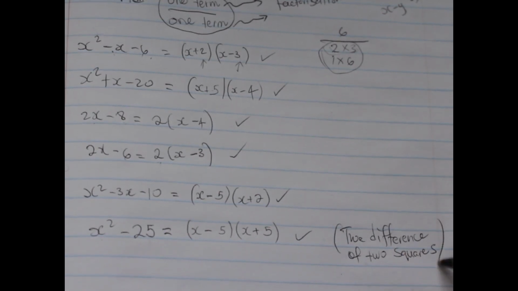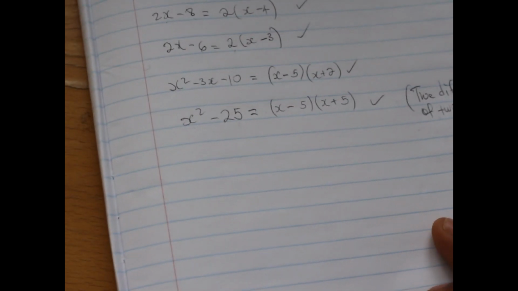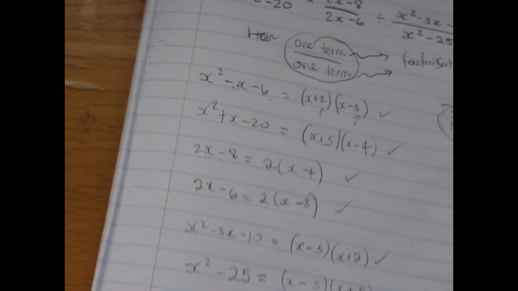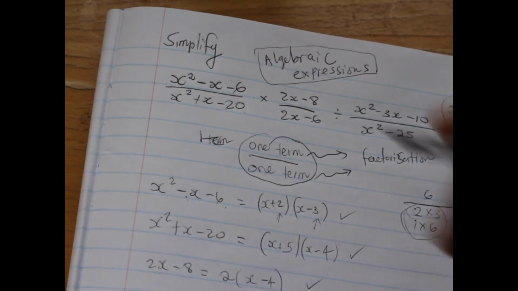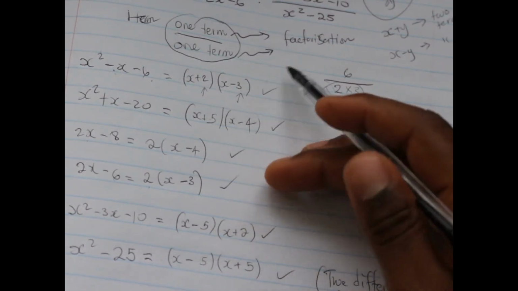So this is the type of factorization that I'm applying here. Once we've done that, we can substitute everything back into our expression, replacing these terms with their factorized versions.